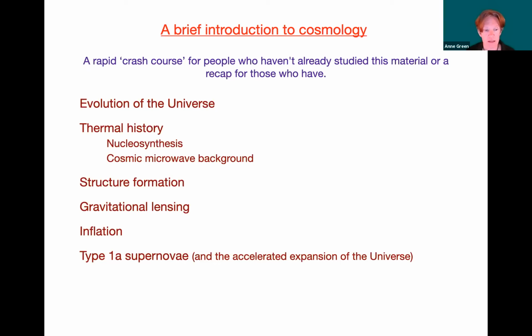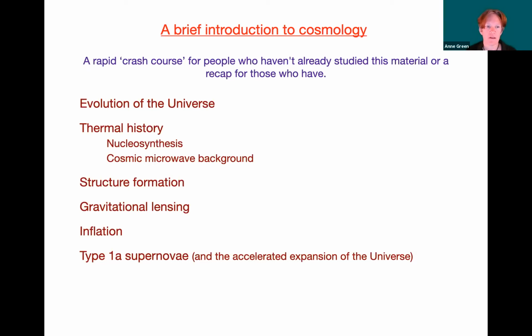And then finally, to wrap things up, we're going to look at a couple of topics that are less directly obvious to dark matter, but nonetheless are worth mentioning. That's inflation, a period of accelerated expansion proposed to have happened in the very early universe, and also type 1a supernovae that provide observational evidence for the accelerated expansion of the universe, and hence provide a crucial cornerstone of the lambda CDM cosmological model.